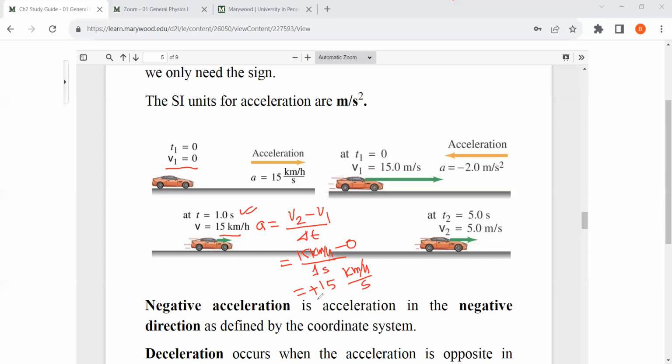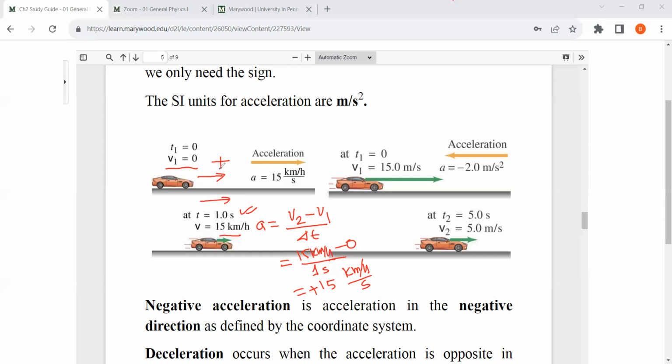So when we see the positive value, when the car's velocity increases, then the direction of the velocity and the direction of the acceleration will be the same. Here the car is moving in this direction, so it is moving in the positive x direction.